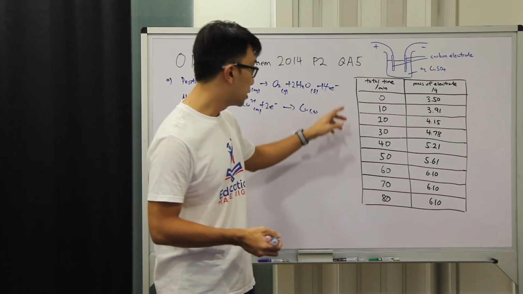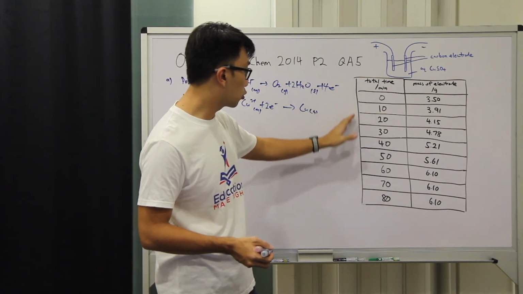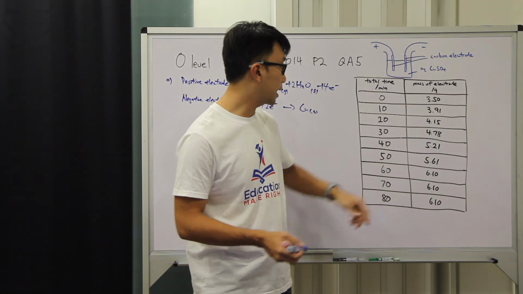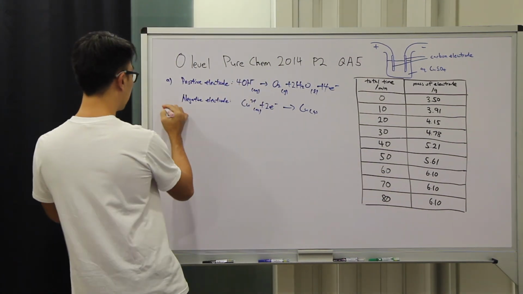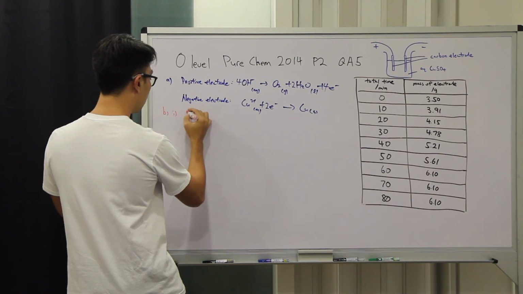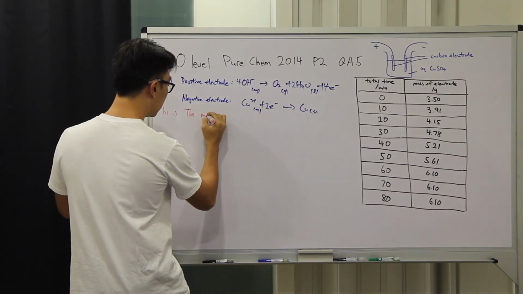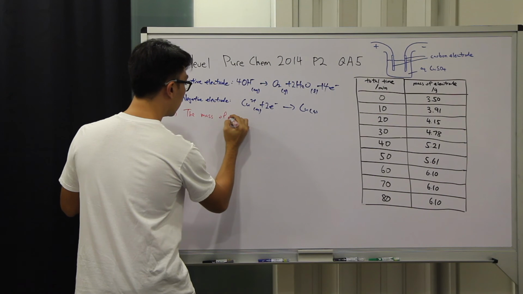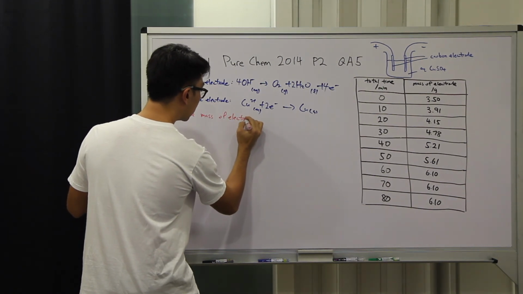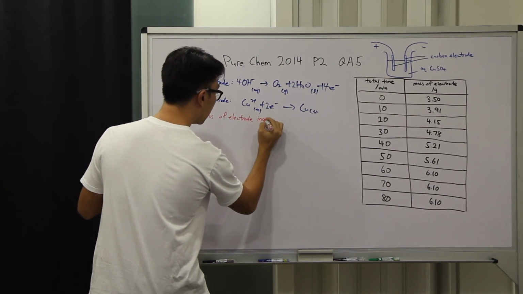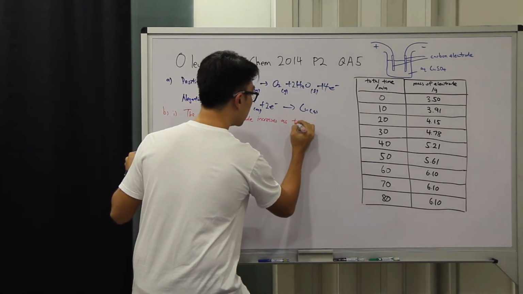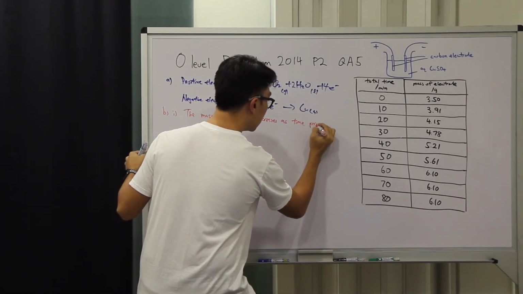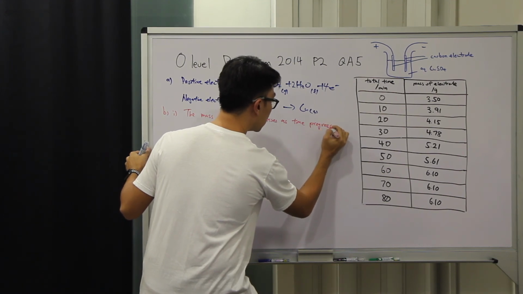Let's have a look. We can see here that as time progresses, the mass of the electrode also increases. So we can say that the mass of the electrode increases as time progresses.